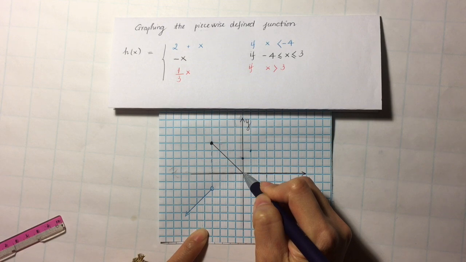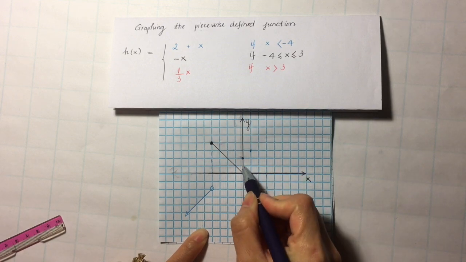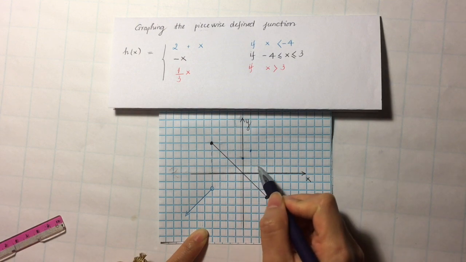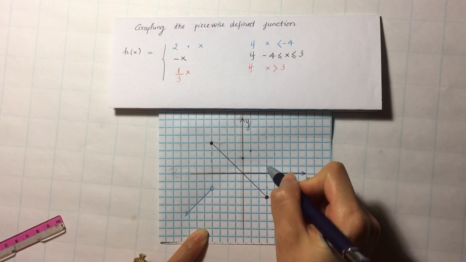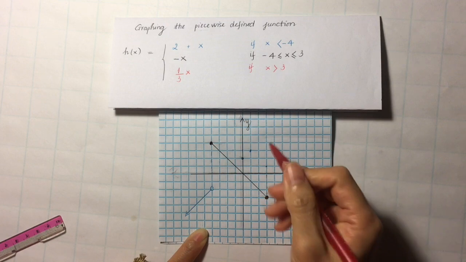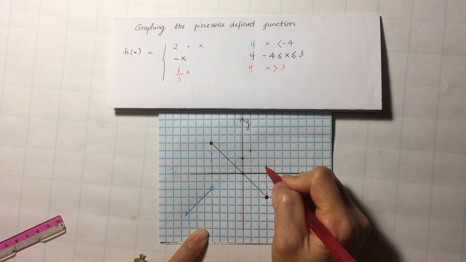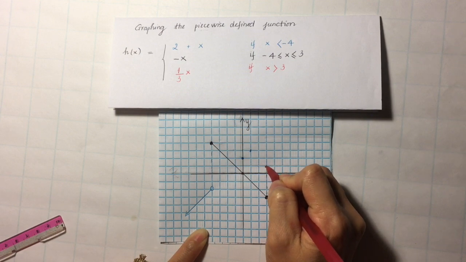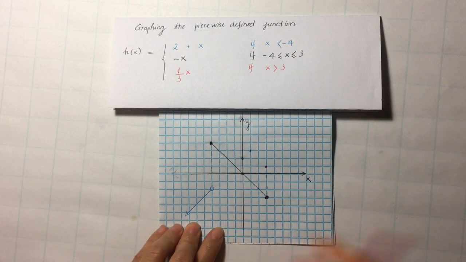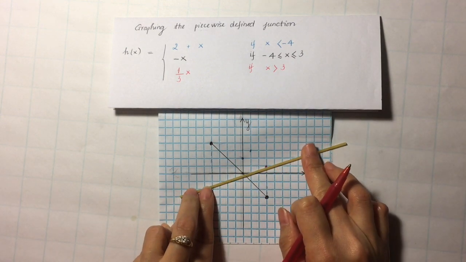So we rise up 1 and we run to the right 3 units: 1, 2, 3. So here's the second point. The first point is the y-intercept, 0, and the second point is right here. Now we connect these 2 points, and then we get this part.